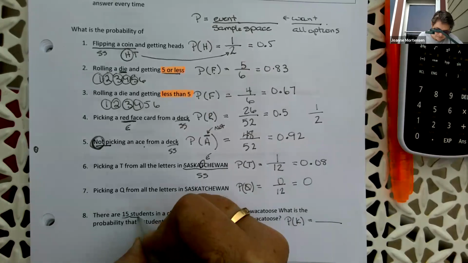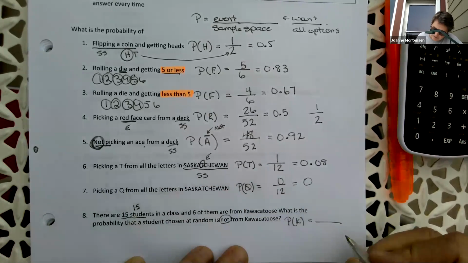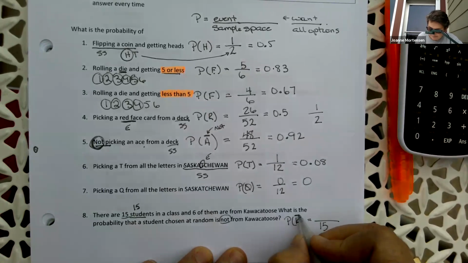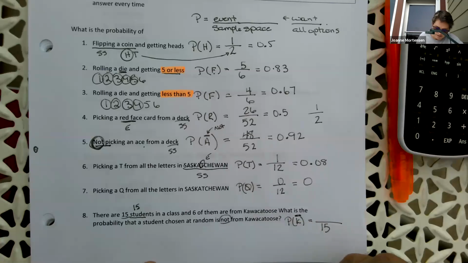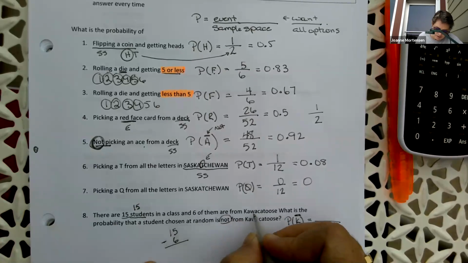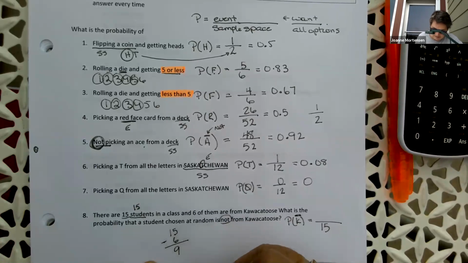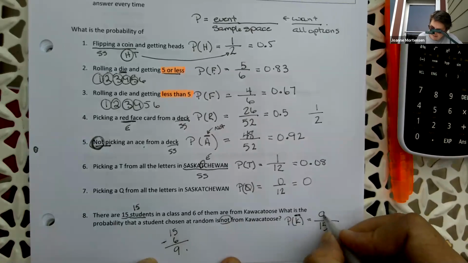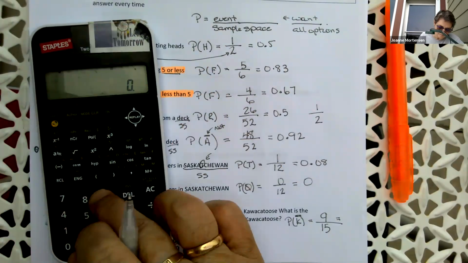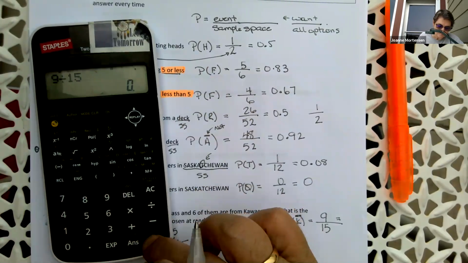Exactly. So there's 15. I forgot the bar, because I want not Coacatus. If there's 15 altogether and 6 from Coacatus, that should leave me 9. So it's going to give me 9 out of 15, which is 0.6.